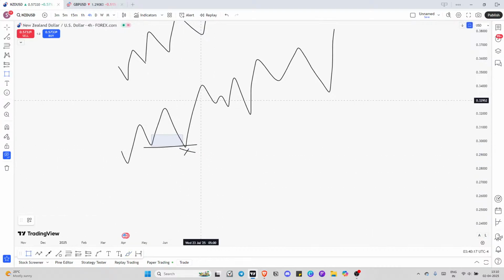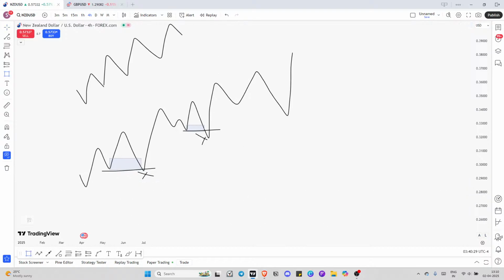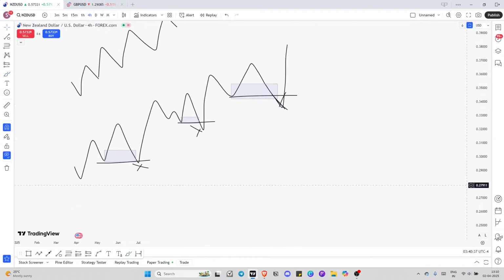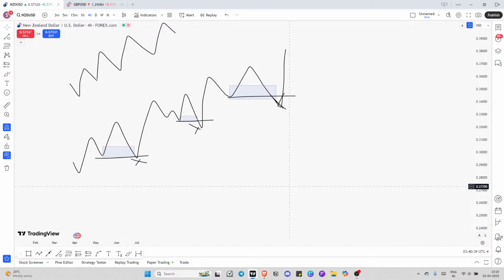People expecting, looking at this market structure shift, they would take this trade here, get wrecked. So again, next, take the trade here, get wrecked again. And do you see what the similarities are in these?